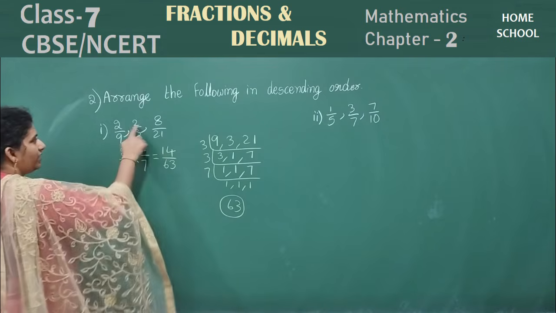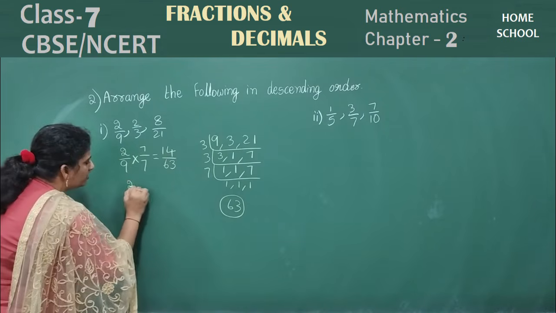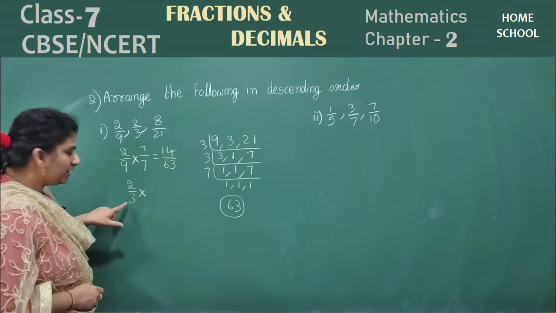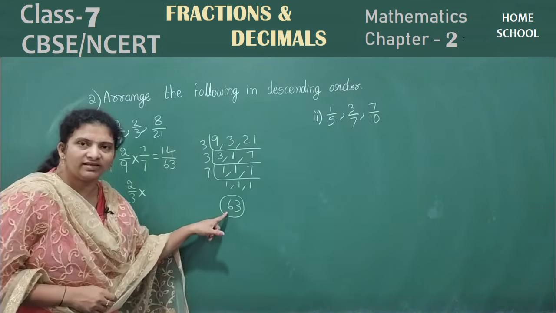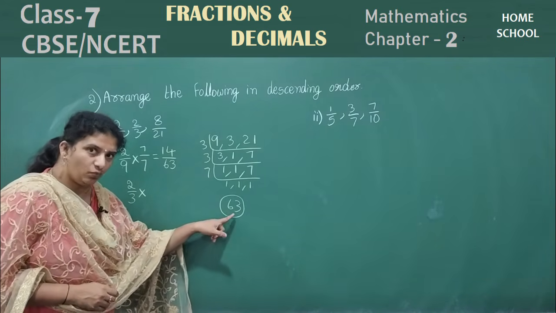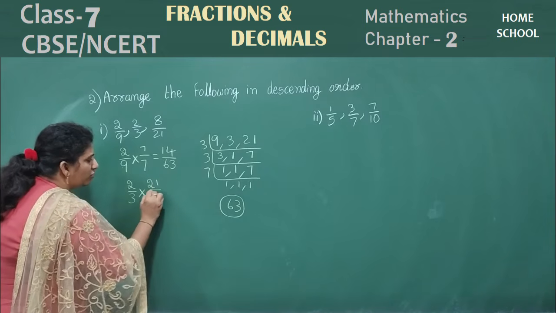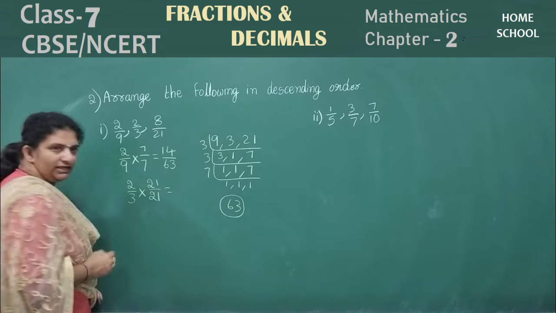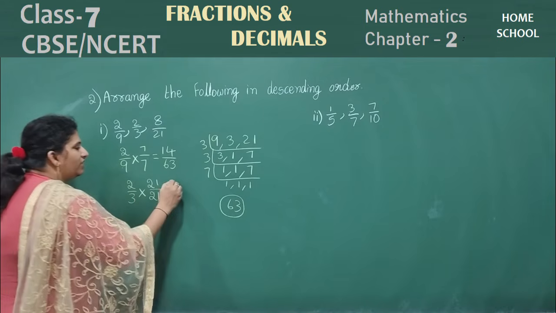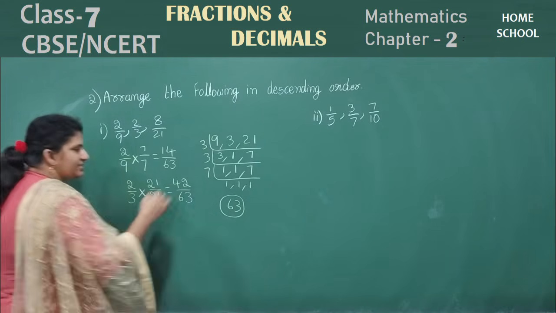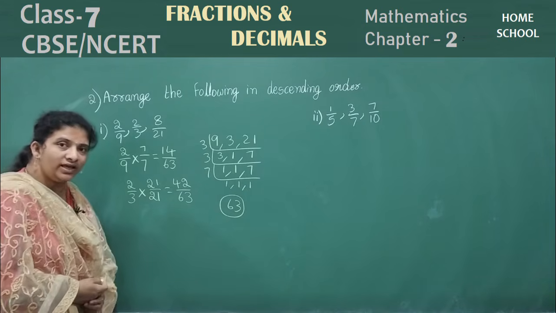Okay. Now take the second fraction here, 2 by 3. For 2 by 3, observe the denominator. In the 3 table where do you get 63, children? 3 21s are 63, right? Multiply that 21 for numerator and denominator. That makes 21 2s are 42 by 63. See what we are doing here?